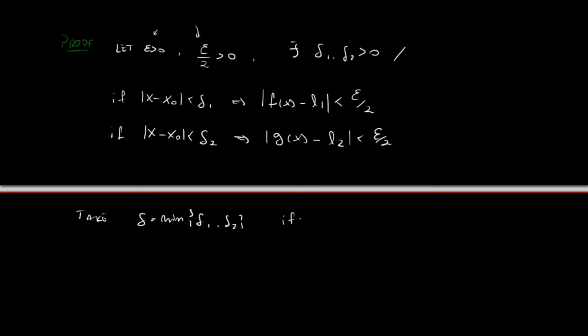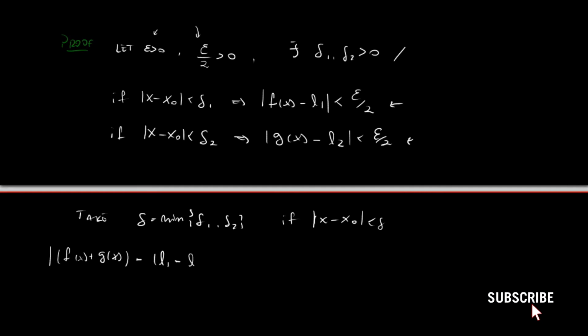So then if x minus x0 in absolute value is smaller than delta, both these things will be satisfied. And we want to see the limit of f of x plus g of x. We want to prove that the limit of the sum is actually the sum of the limits, so L1 plus L2 in absolute value. If we can make this smaller than epsilon, then the proposition is valid.